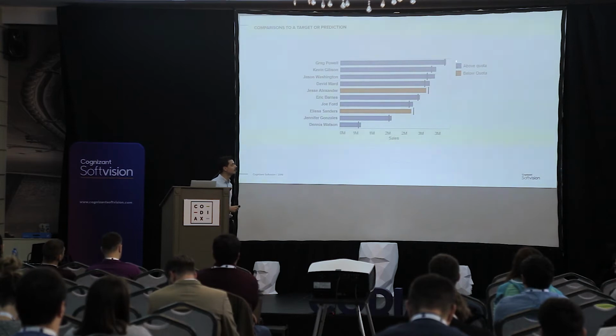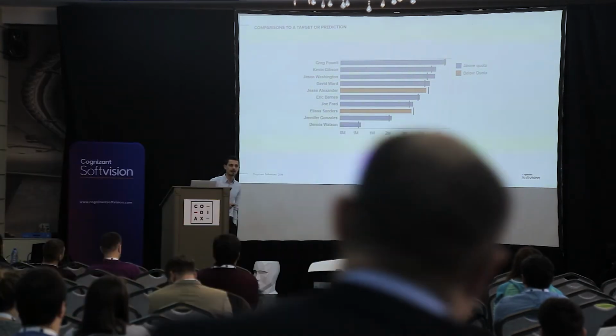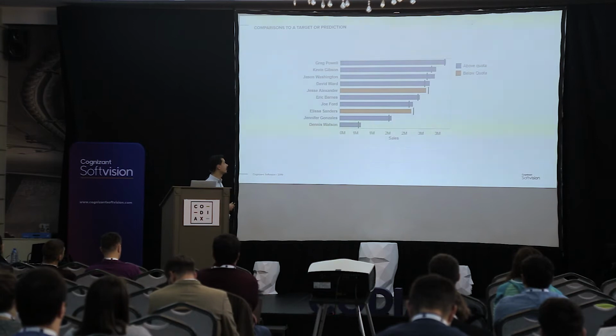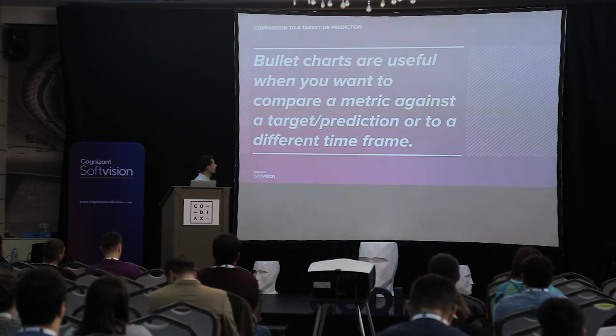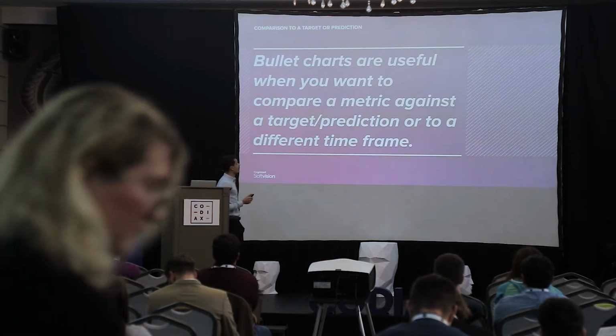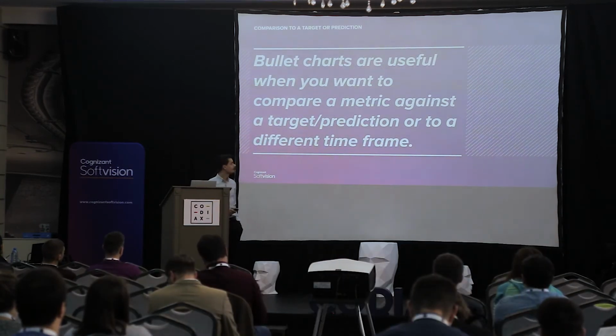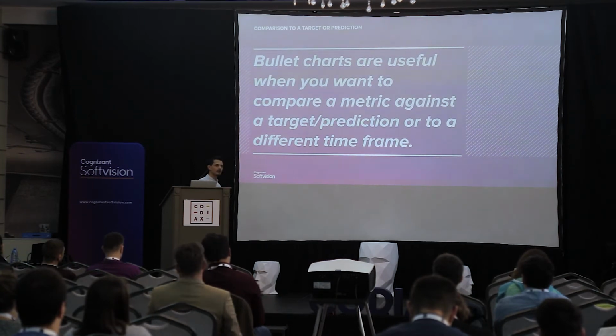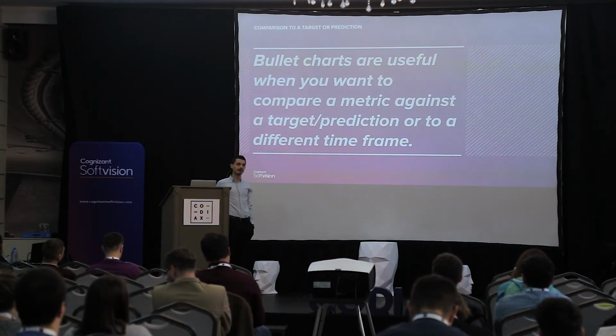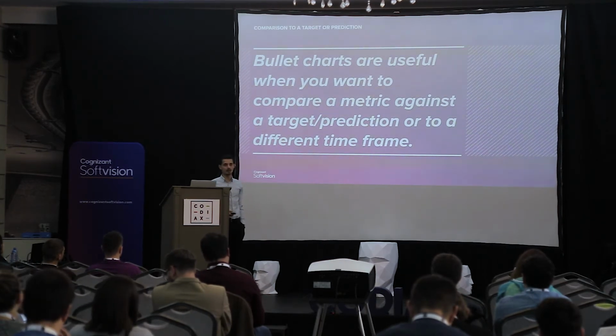So whenever it meets the target, it's one color. When it didn't meet the target, it's another color. So yeah, bullet charts, really useful. I definitely encourage you to use these when you want to compare a metric against a target, or a prediction, or another time frame. Like I said, you might want to compare this year to previous year, this month to previous month, and so on.